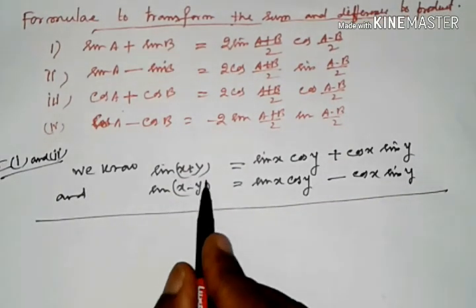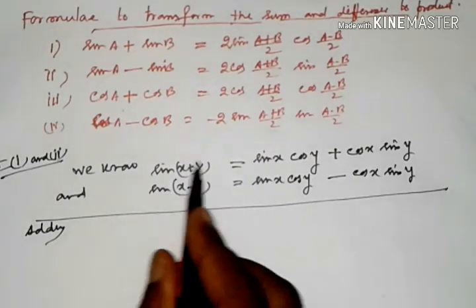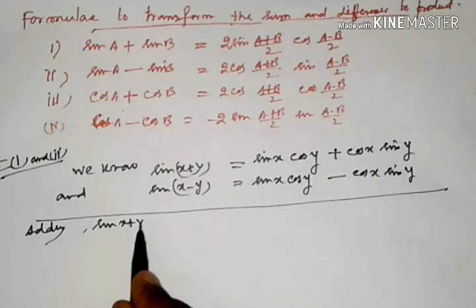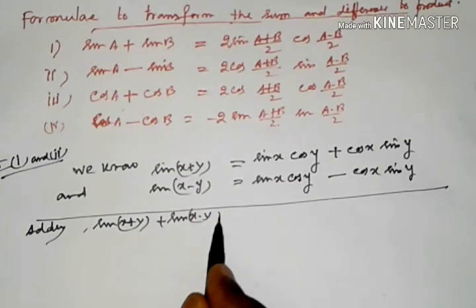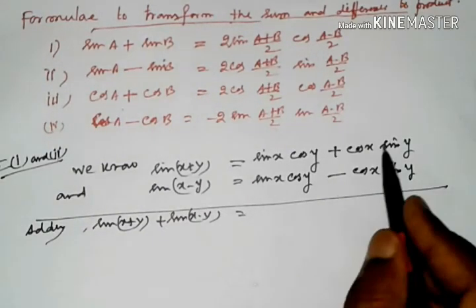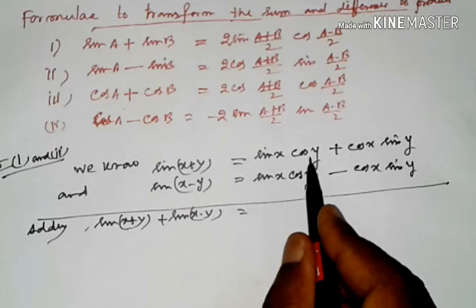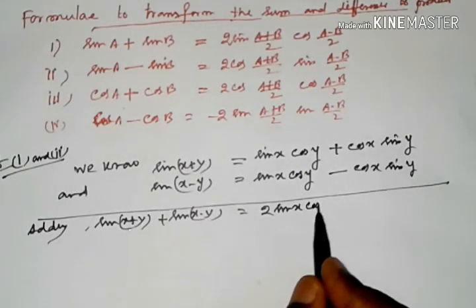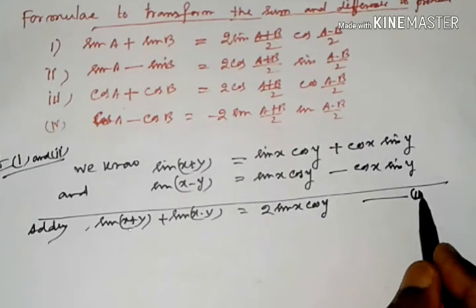If we add this and this, then we get sin x plus y plus sin x minus y. If we add, this will cancel. Therefore, sin x cos y plus sin x cos y, 2 sin x cos y, and we can mark it as 1.